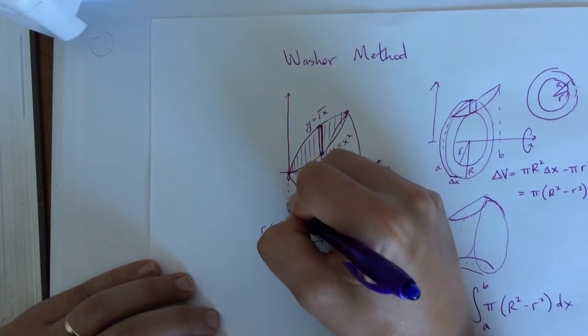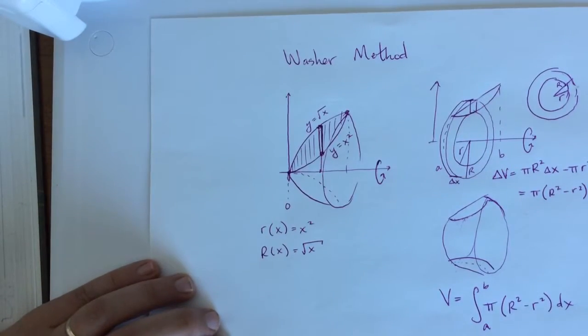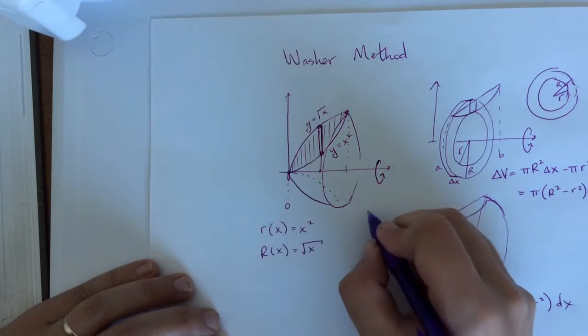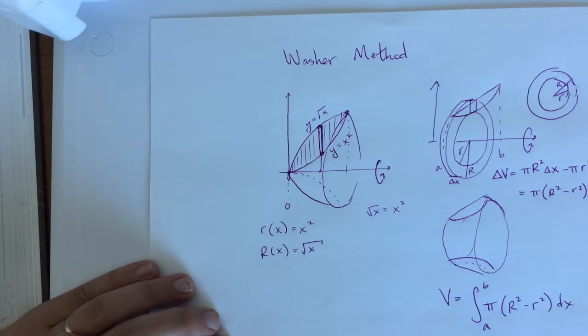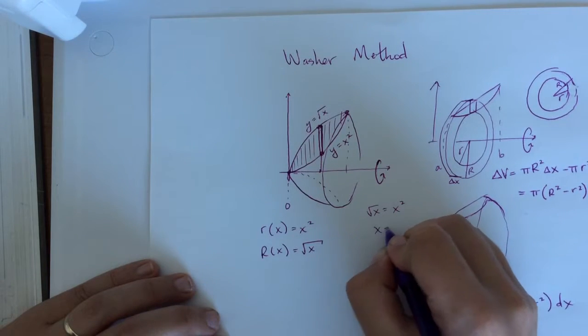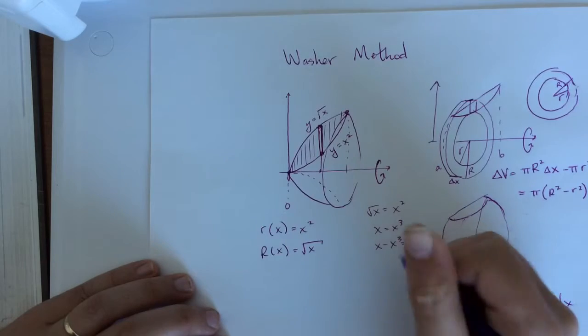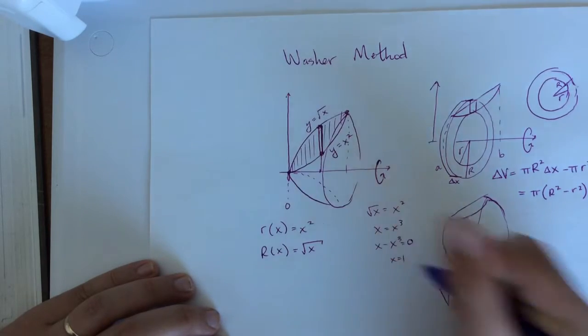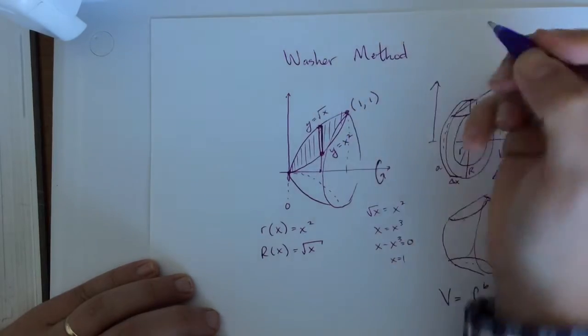We're going to integrate from 0 to this intersection. Where do these functions intersect? They intersect where the square root of x is equal to x squared, or where x is equal to x cubed, or where x minus x cubed is equal to 0. That happens when x is equal to 1. So this is the point 1, 1.